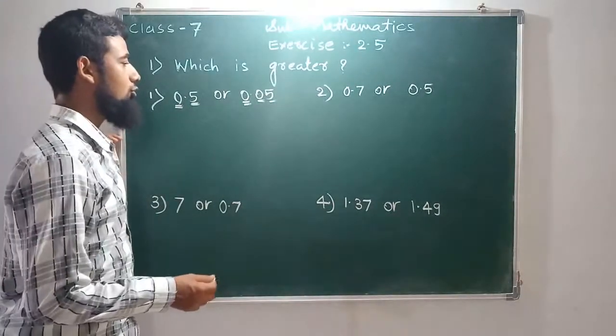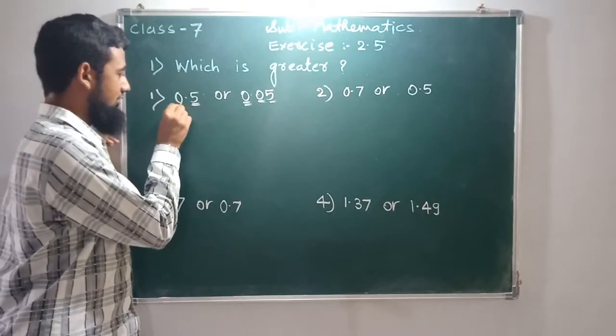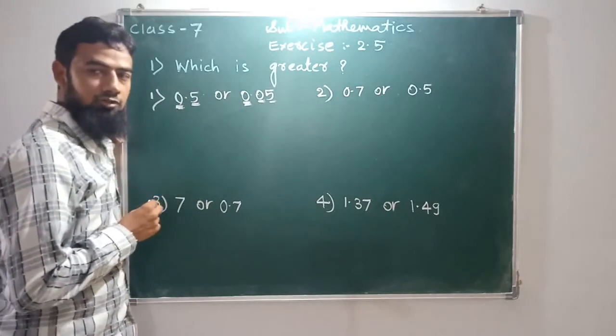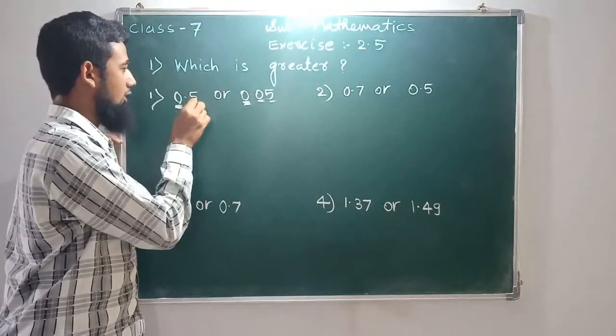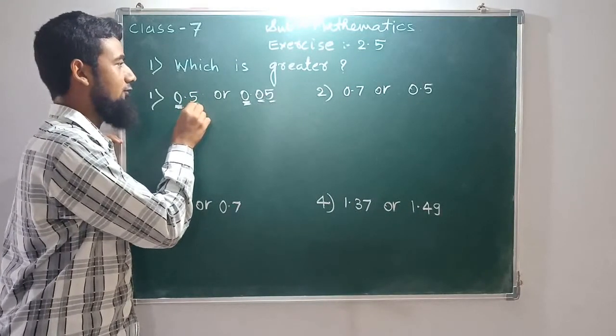So what we have to do, we will compare this 0 to this 0. Both are same. Understood? Now we will move on to the places of tens.